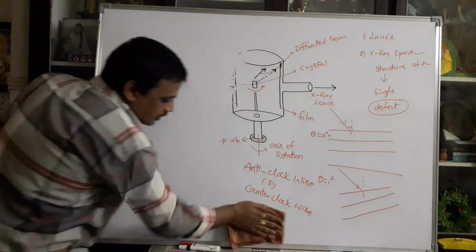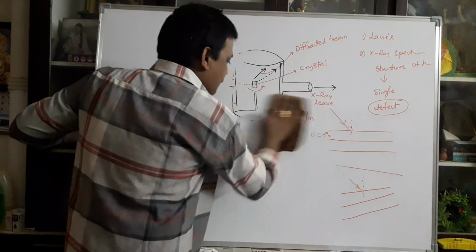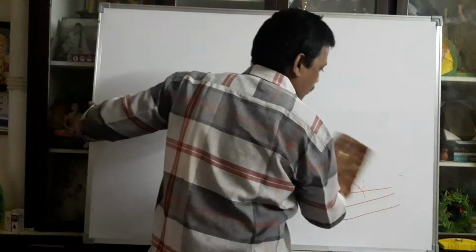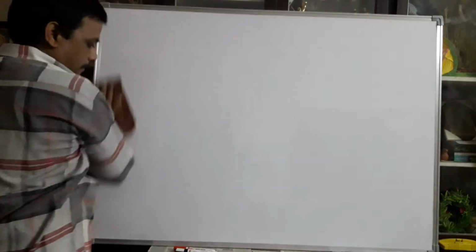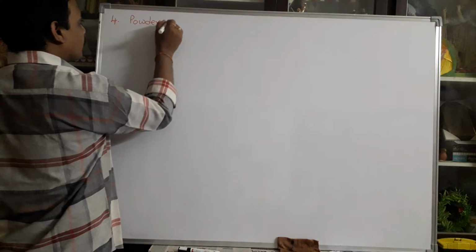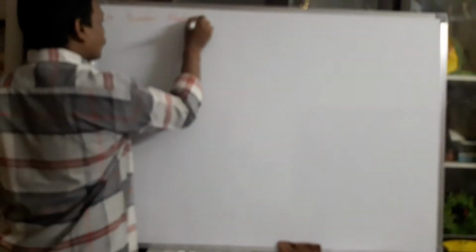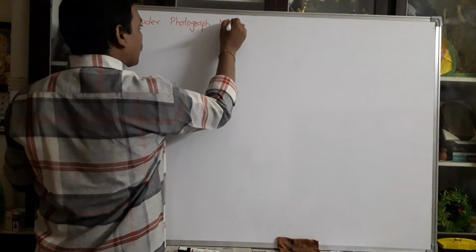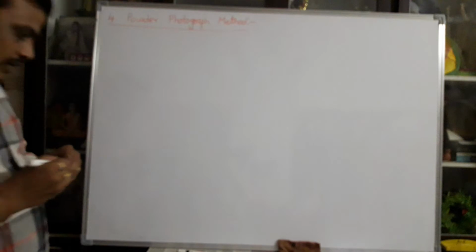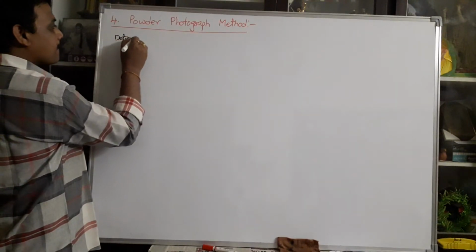This is the fourth and last method of the crystallographic methods. The powder photograph method is used to determine the structure of the crystal.